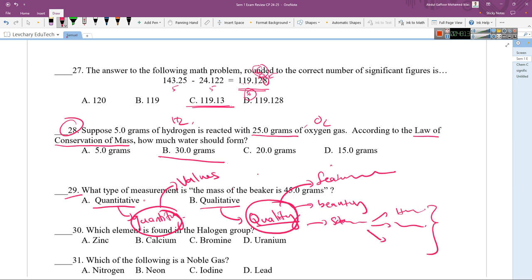That one is quantitative. Why? We are dealing with a number, 45 grams. If you have values or numbers in a measurement, that is called quantitative, right? So the answer is A. Okay.